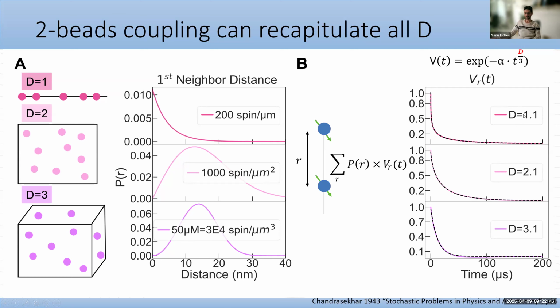We found that we can completely recover D equal 1, 2, and 3. So this long story is just to tell that this dimensionality really reflects different distance distributions, which originate from how the spins are organized, but there are no real orientation issues.